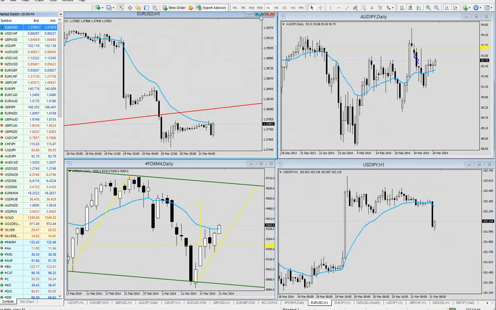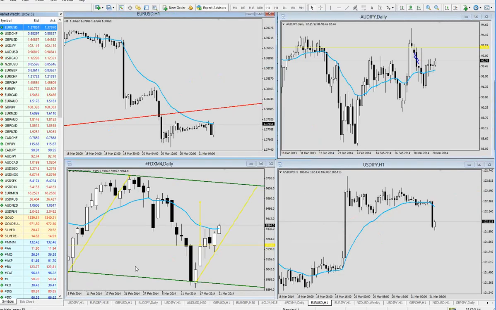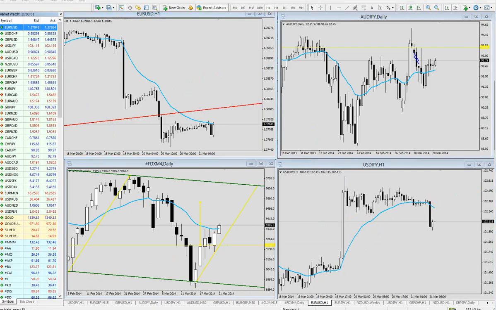The hourly euro dollar. And we are going higher, right? And where we are with Aussie Kiwi.